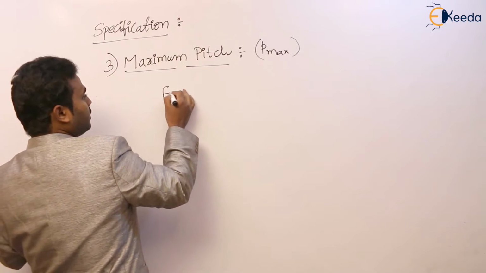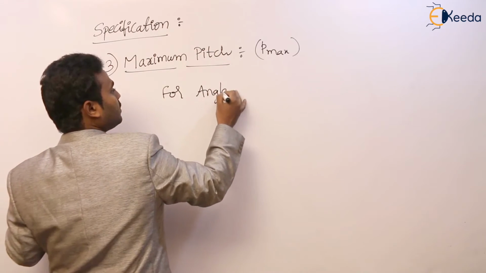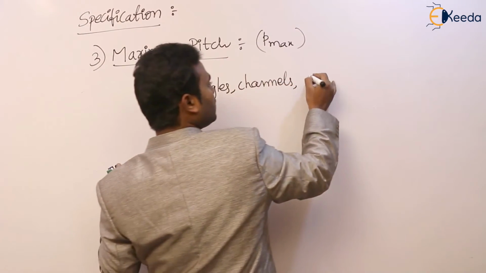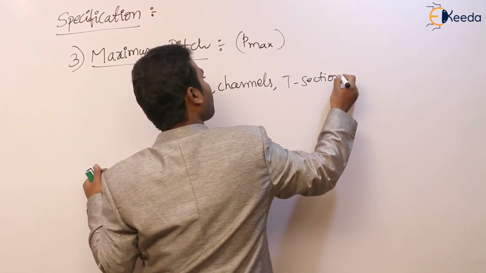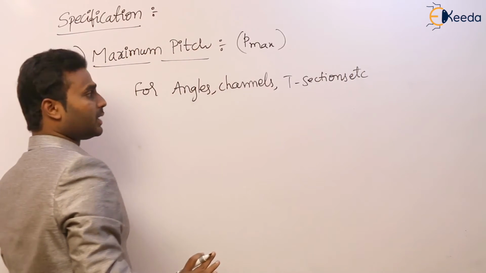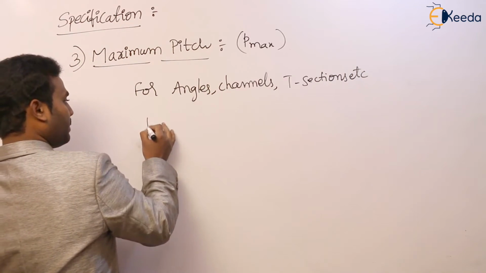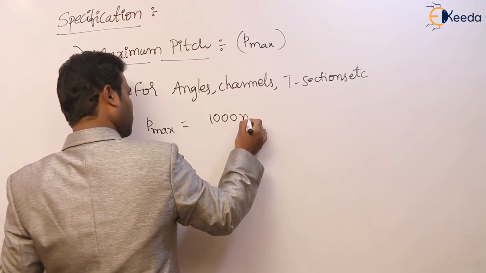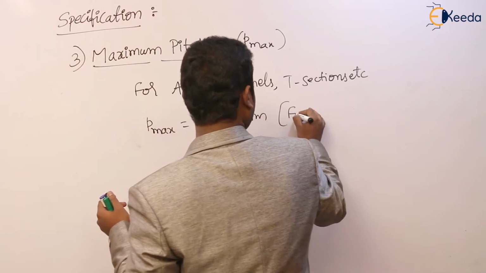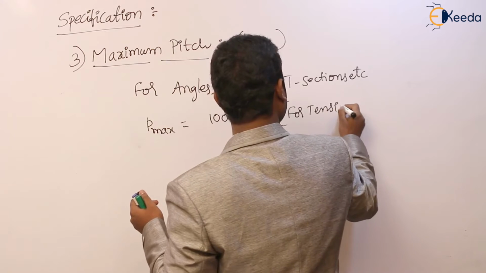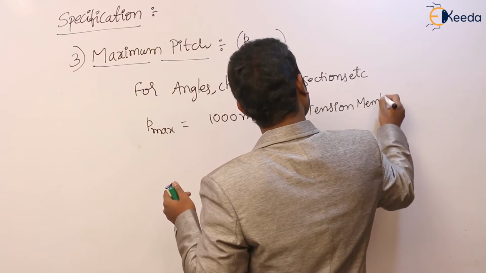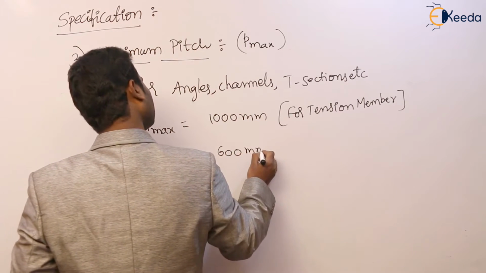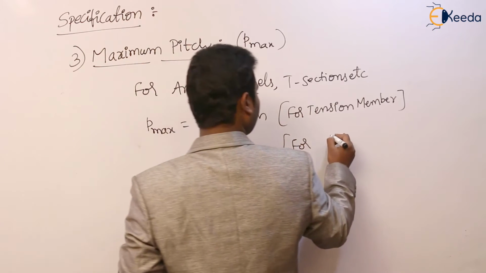The next is for angles, channels, and all others, not only angles and channels, T section, etc. For all sections other than plates, Pmax is equal to 1000 mm for tension member and 600 mm for compression member.